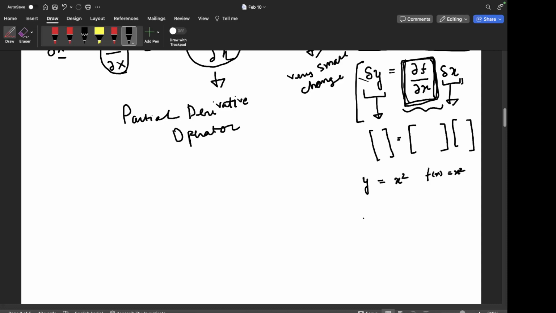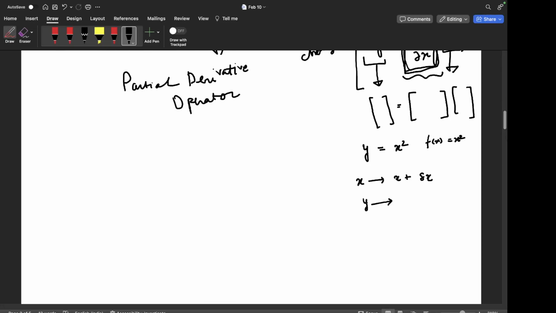Then what I want to know is, if I change from x to x plus delta x, where this delta x is a small change, where does y go? That's the thing we are interested in. One way is to do it manually. So let's do that.